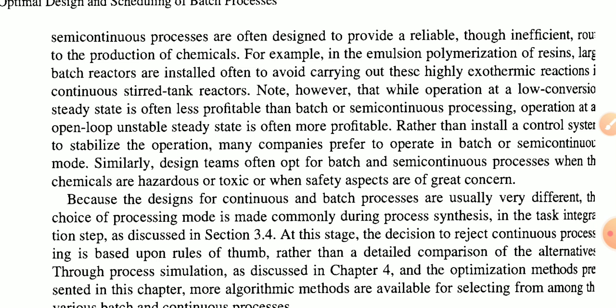These avoid carrying out highly exothermic reactions in a continuous stirred-tank reactor. Note, however, that while operation at a low conversion steady state is often less profitable than batch or semi-continuous processing, operation at an open-loop unstable steady state is more profitable than installing a control system to stabilize it. In some operations, many companies prefer to operate in a batch or semi-continuous mode.